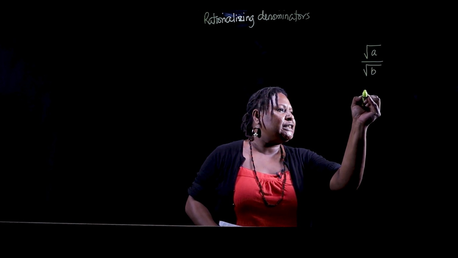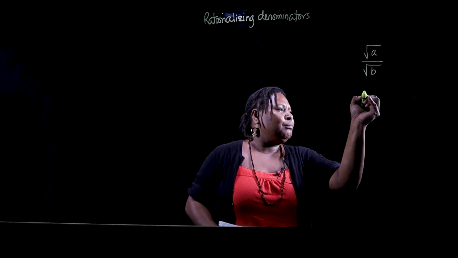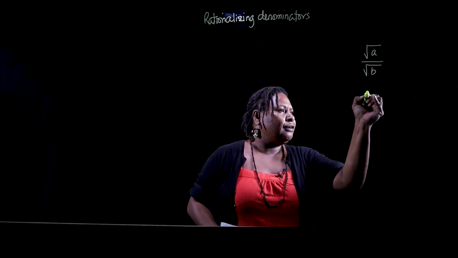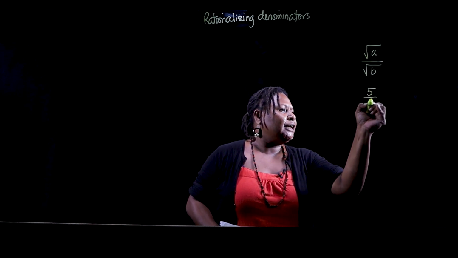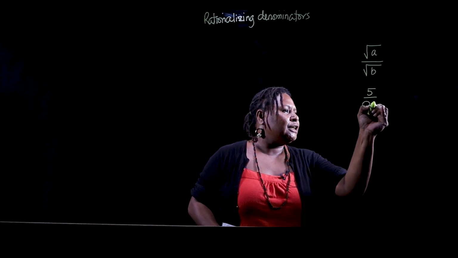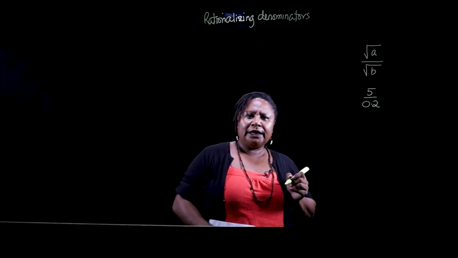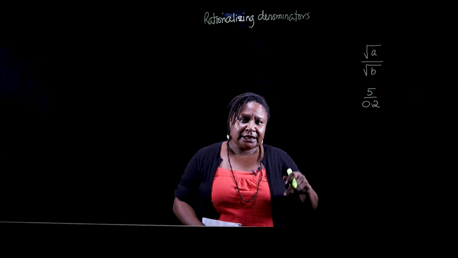For instance, we have a number, say 5 divided by 0.2. Now 0.2 is a decimal number.